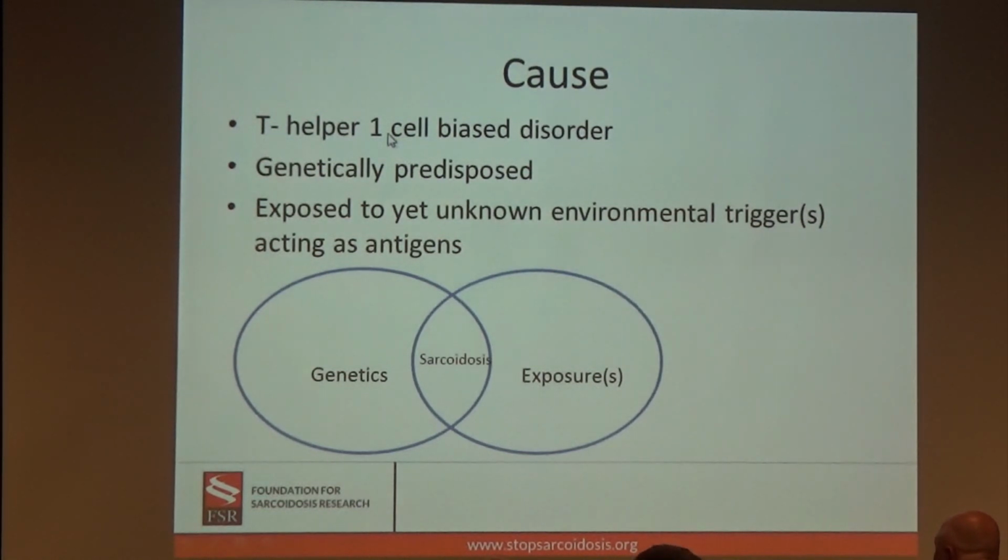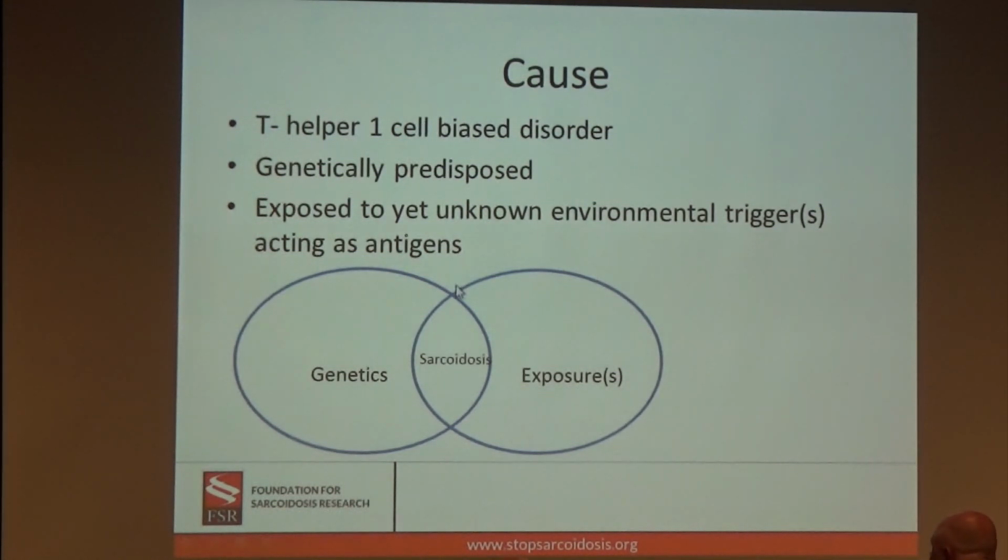Now, this is a really enormous simplification of what we know about the cause of sarcoidosis. But in order for me to stay on time and to not get too deep into some of these, I just left it at this. And I always get questions about this topic in particular, so I'm sure we'll talk about that in a little bit during the Q&A.